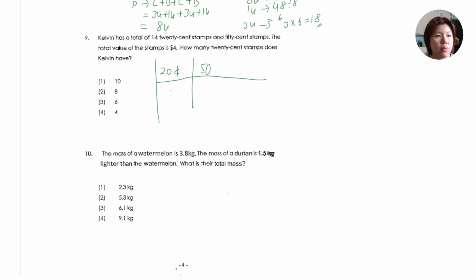20-cent coin, 50-cent coin. First, I need to put my value of my 20-cent. $1.20. This is 50-cent.